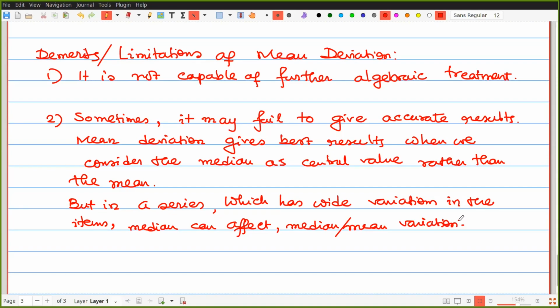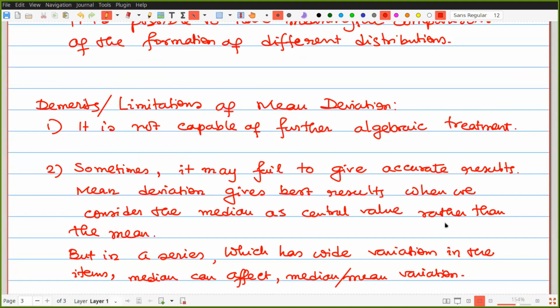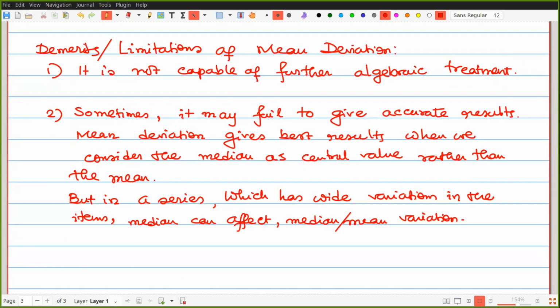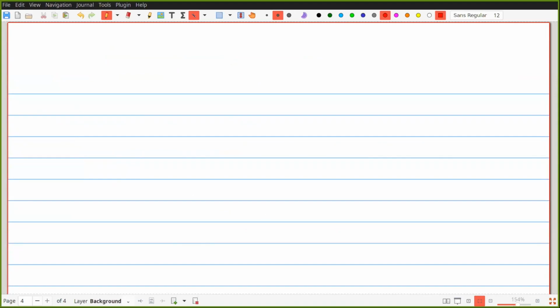Most of the cases when we are considering the mean deviation, if we consider the median deviation, that would be better. But when in a series there are wide variations in the items, in that case the mean is giving the best central value, not the median. So first one, not capable of further algebraic treatment. Second one, accuracy is less.